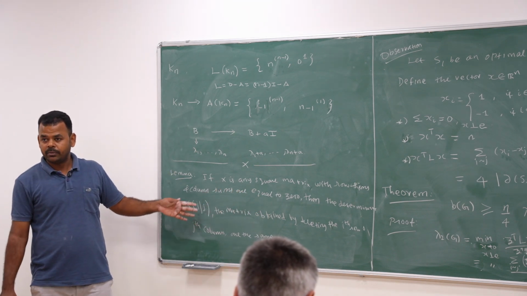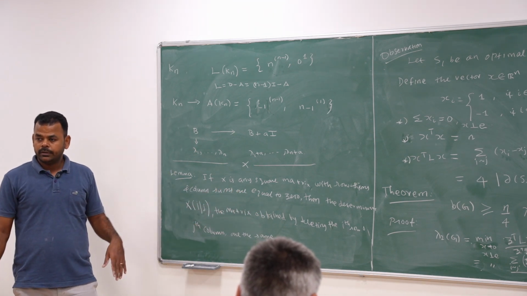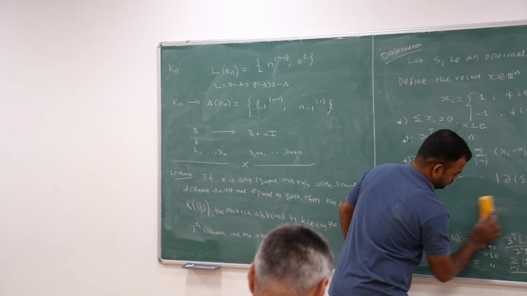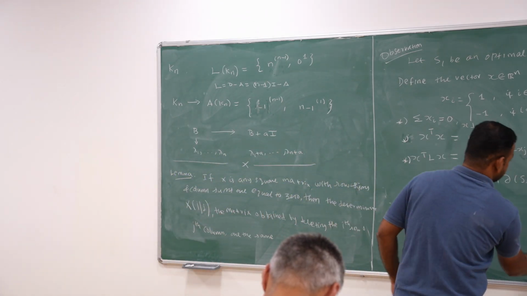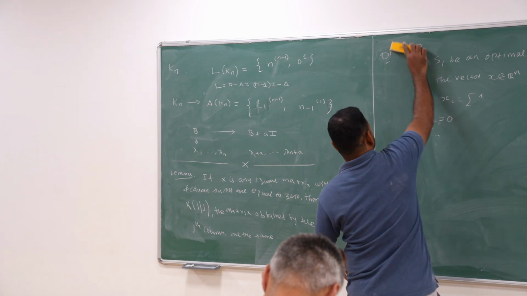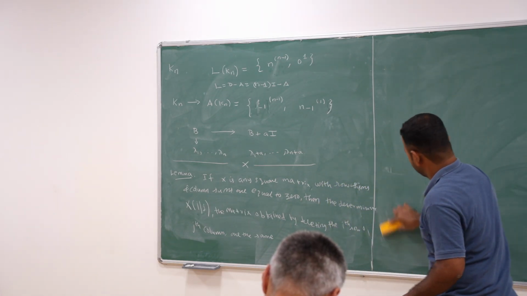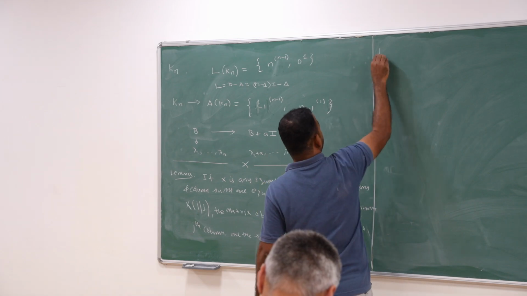Both the row sums and column sums are zero. So, the proof.